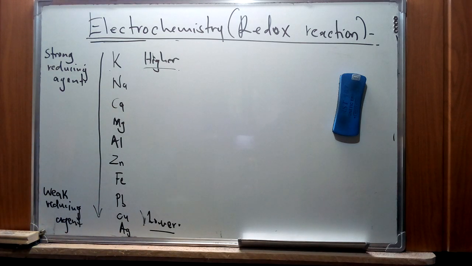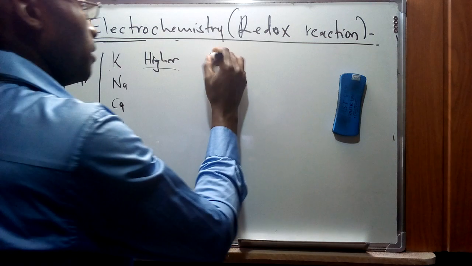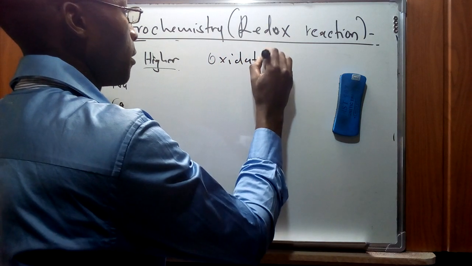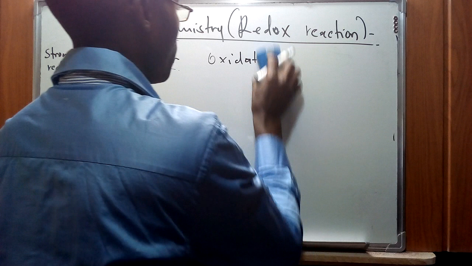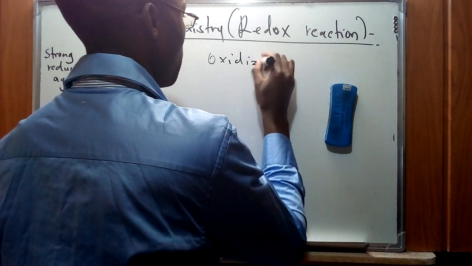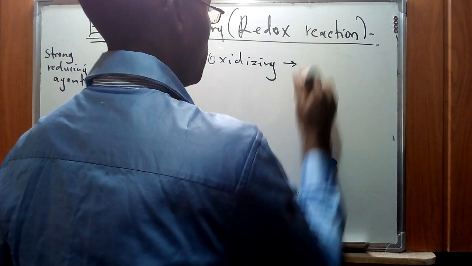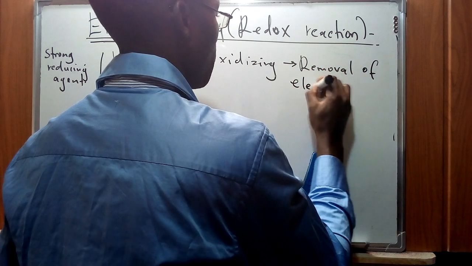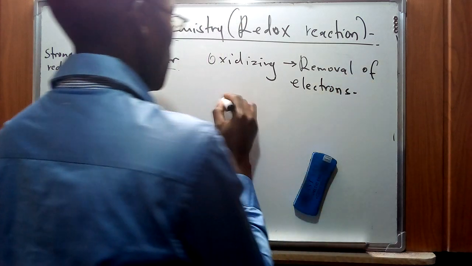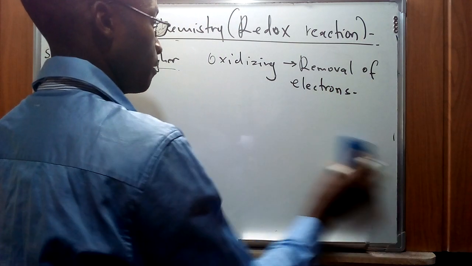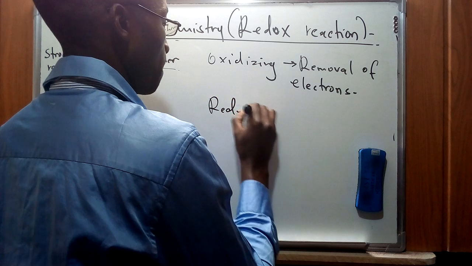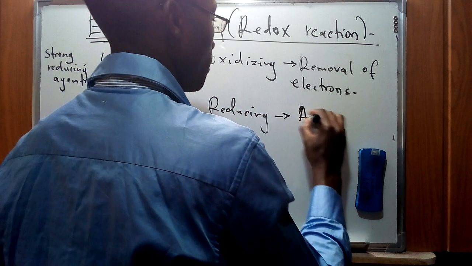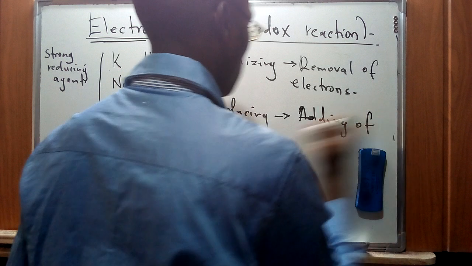So in this case, we're going to see the concept of reducing and oxidizing agents, in a way that oxidizing entails the removal of electrons, and reducing entails the adding of electrons.